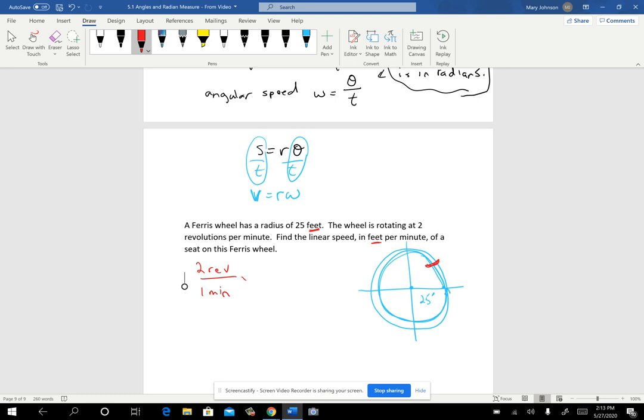I know that 1 revolution is 2 pi radians, 1 full circle around. That would get me from revolutions to radians per minute, and I wind up with 4 pi radians per minute.